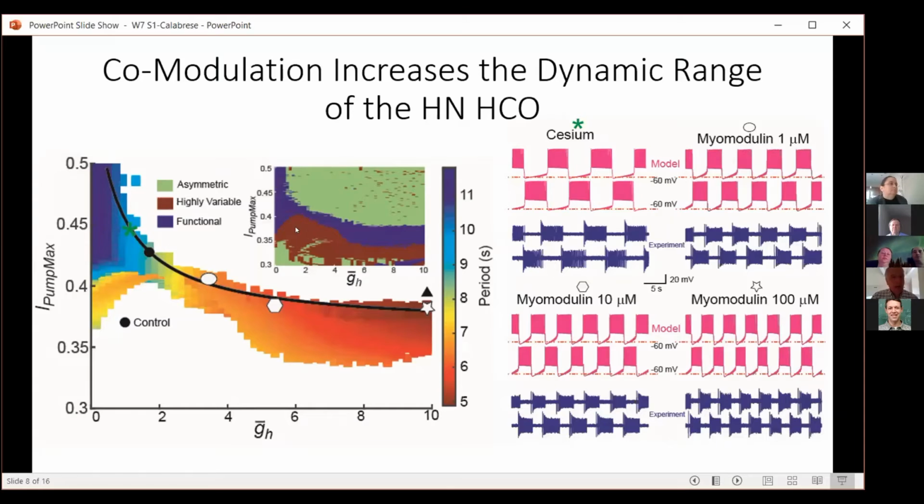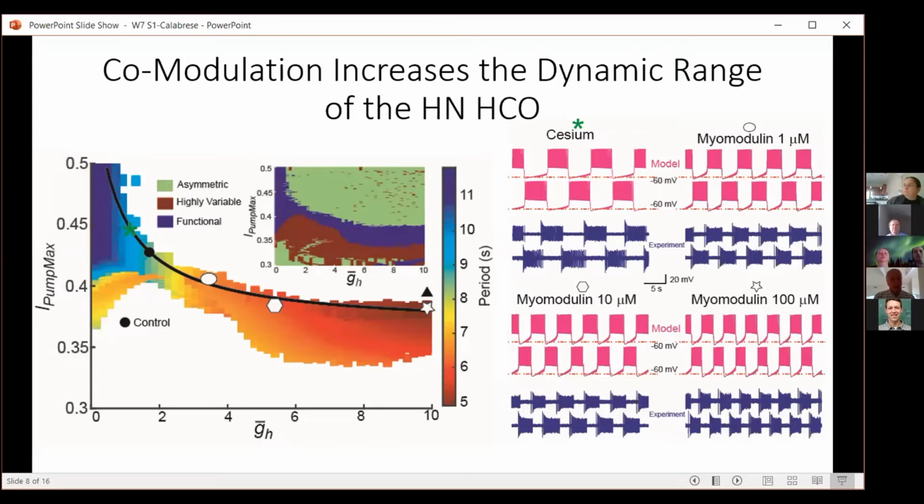And then there's another area where the bursts are highly variable and they don't conform to anything that we see in biology. But then there is this nice pathway in blue through this parameter space where the system is what we call functional.